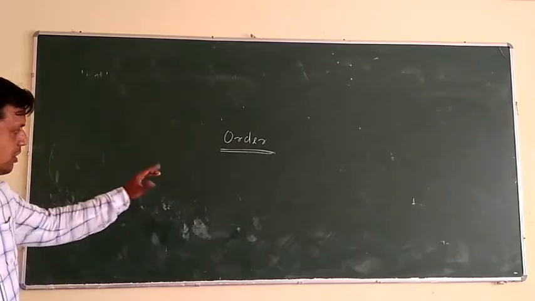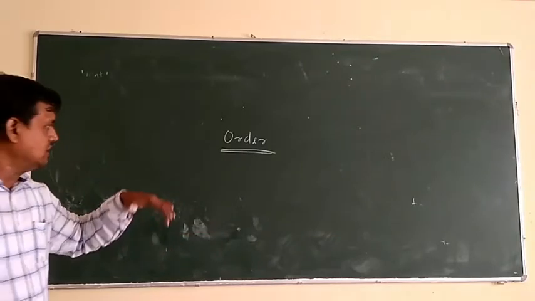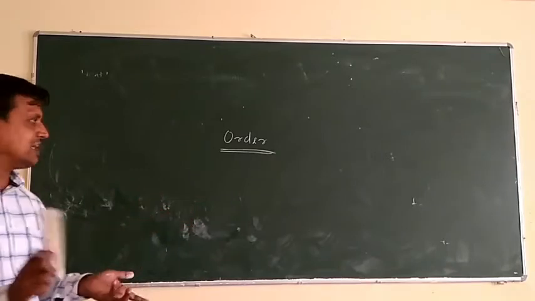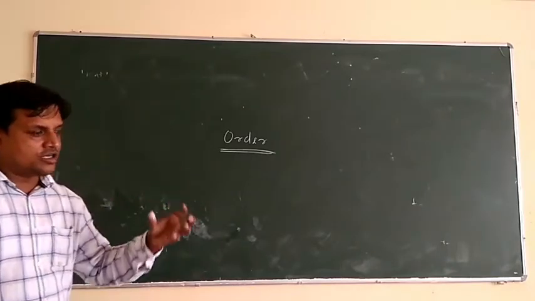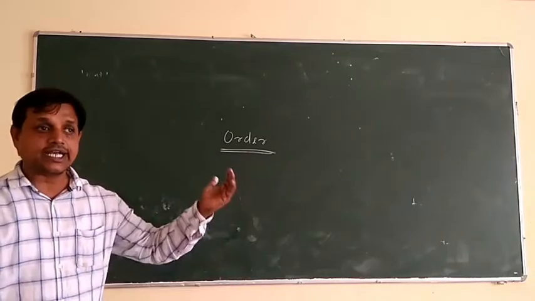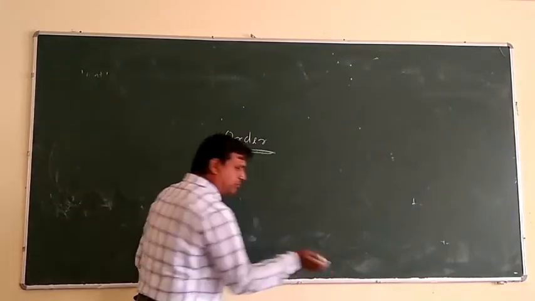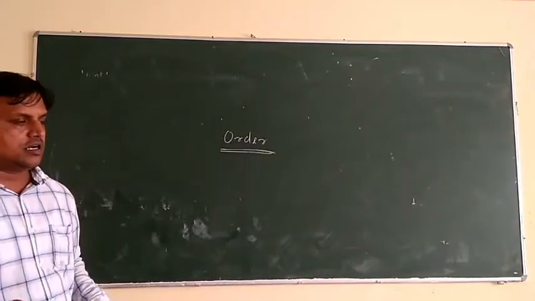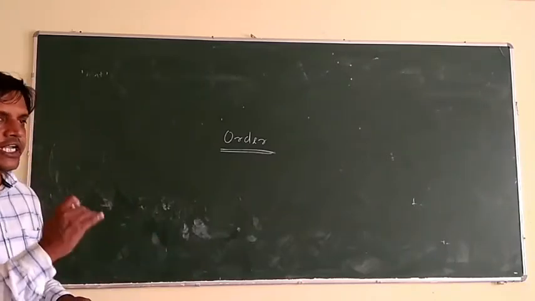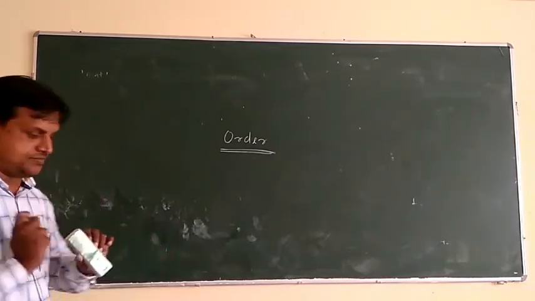Molecularity, from the theory or from the chemical reaction, you can calculate the number of molecules, but order depends upon the experimental condition or reaction condition. In most cases, order and molecularity are equal to each other. But in certain cases, molecularity and order are different from each other.